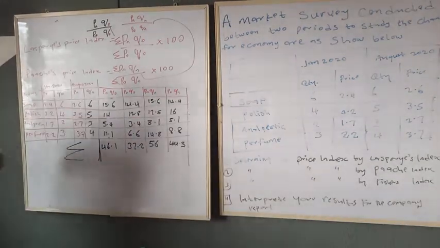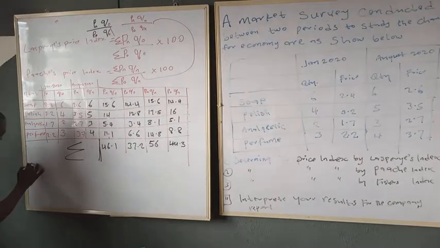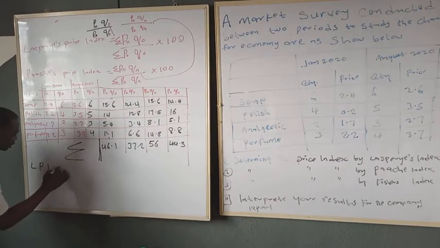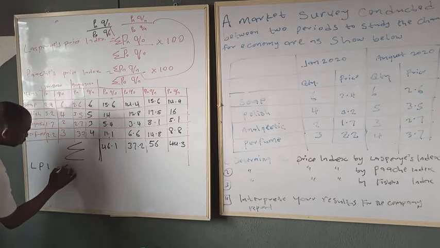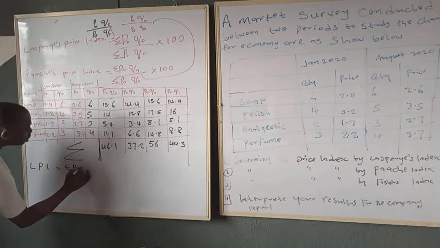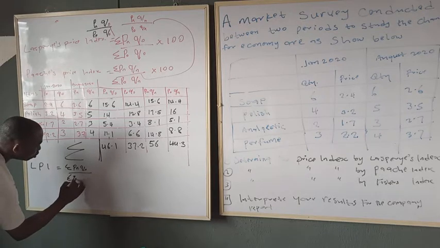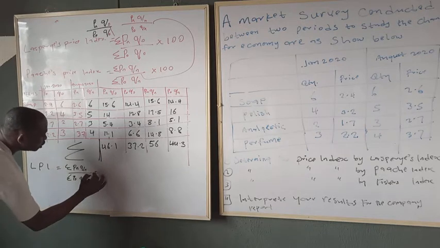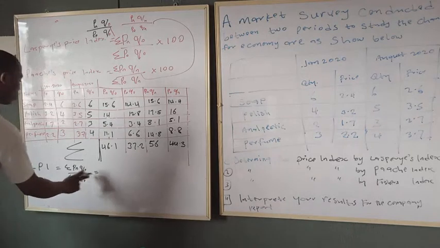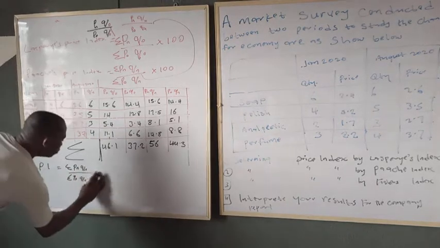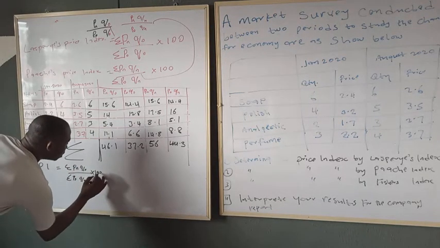So we now say Laspeyres price index is equal to summation PNQO over summation POQO, times 100.